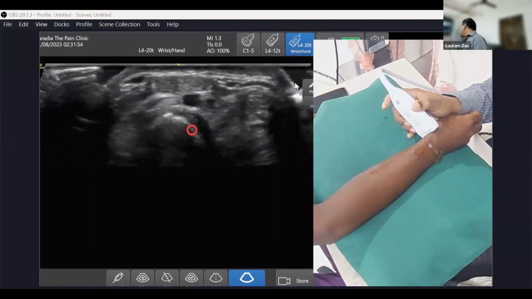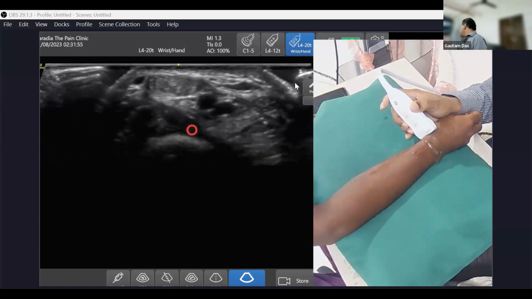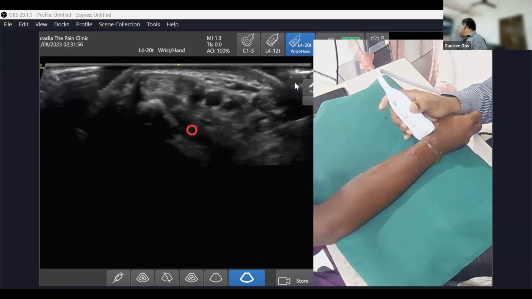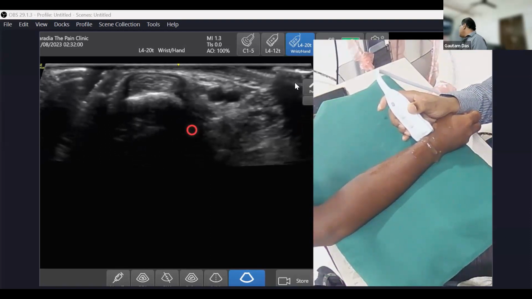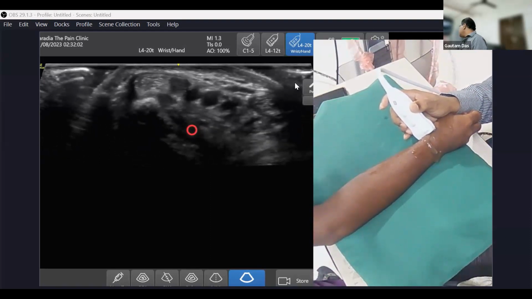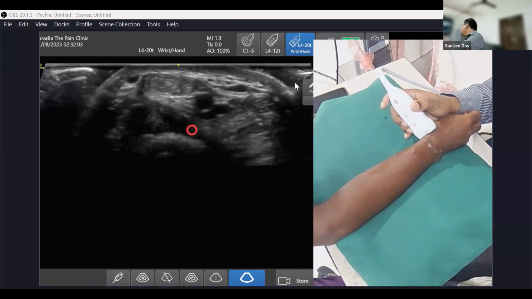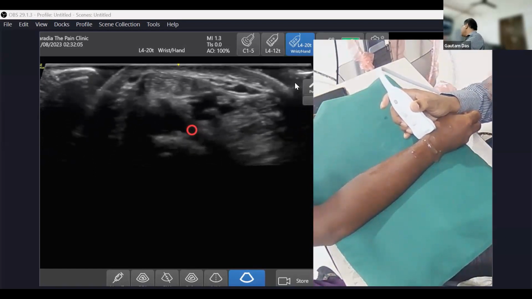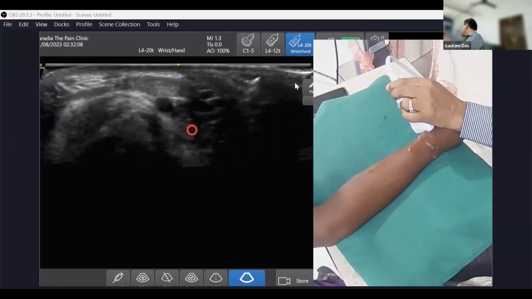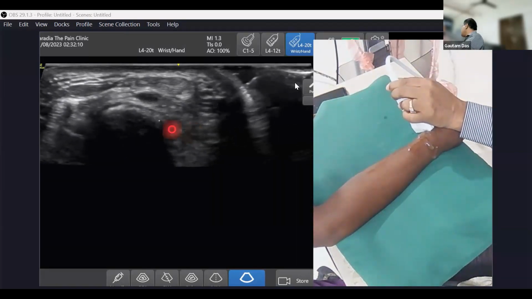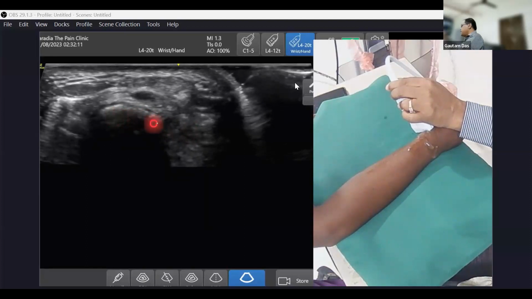So if I'm going more proximally, then the radial artery is going away and the radial styloid process appears. If I come distally, then the bone that starts there is your scaphoid, and the artery is crossing here below the first compartment.